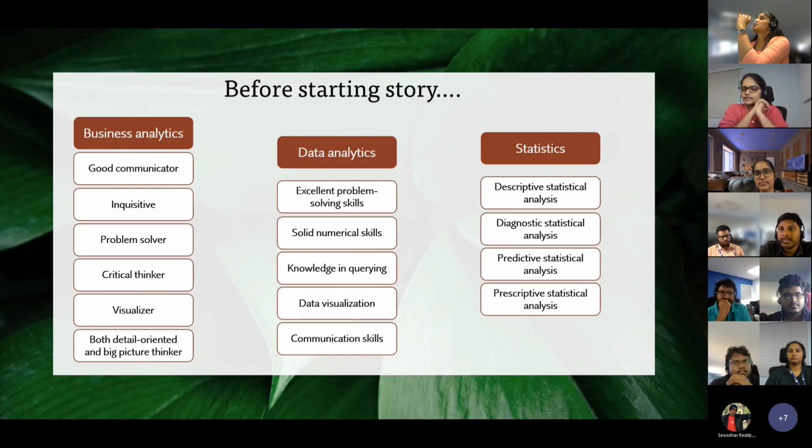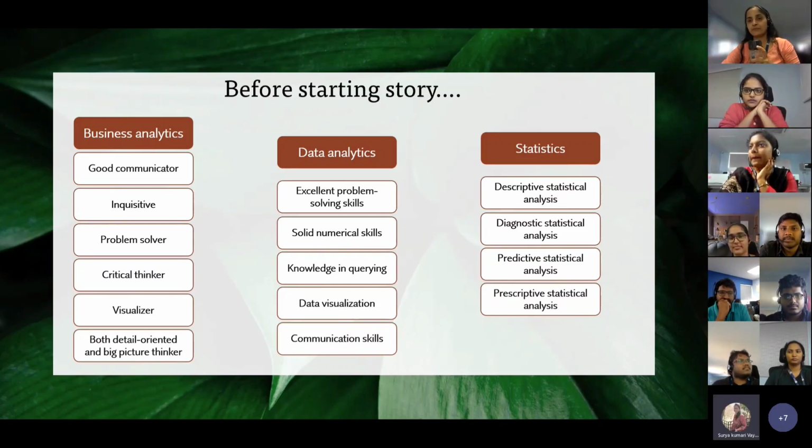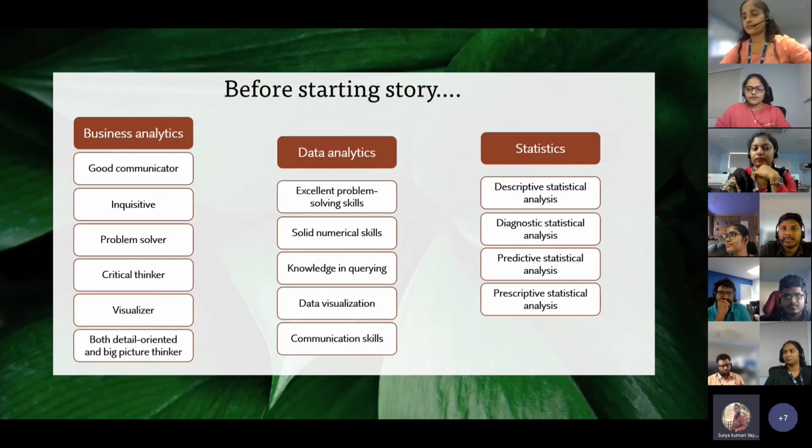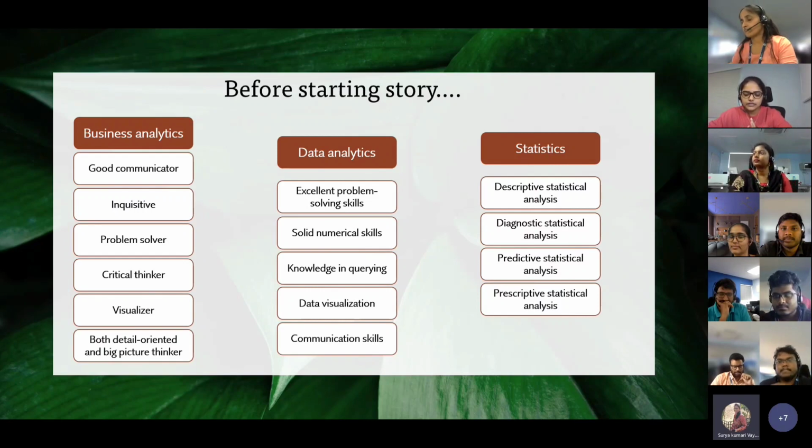Okay, what about a critical thinker? Out of the box thinking. Maybe. Should be able to find the loopholes. Okay. A critical thinker needs to think in a critical way about the implications of the data he is collecting.